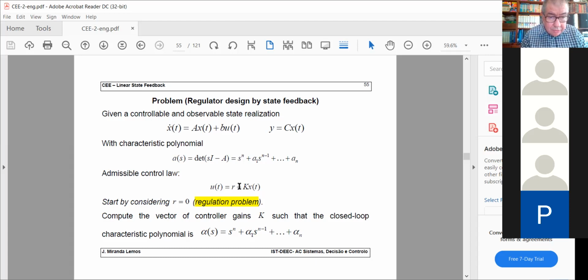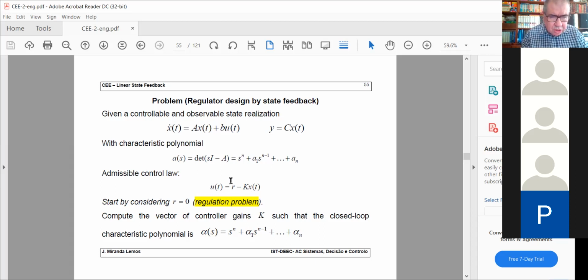No, row, because x is a column, so you multiply a row by a column to get a scalar. So it's a row. Okay. Now, my problem is, well, don't worry too much about this r. Think of it as 0 for the moment. It's the reference, and later we are going to see how we can deal with this r.